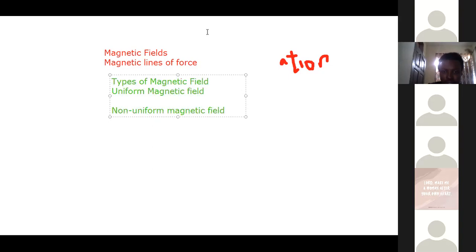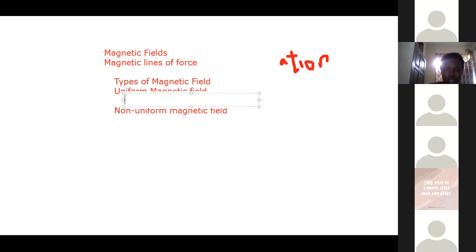In a uniform magnetic field, normally the magnetic lines of force are parallel to each other. So the lines of force drawn are always parallel.